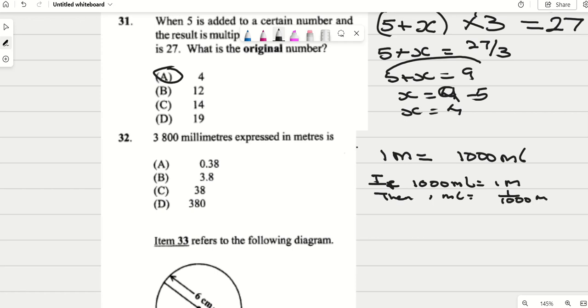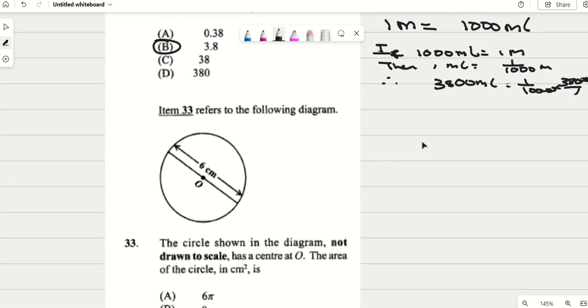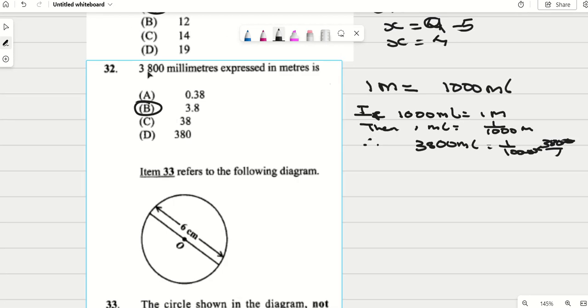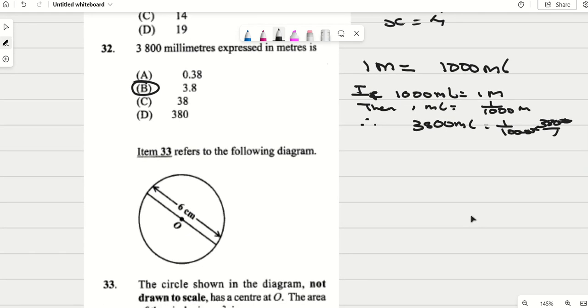Therefore 3800 millimeters would be 1 over 1,000 multiplied by 3800. So you get 38 over 10. 38 over 10 is actually 3.8. So the answer is B. Right, that's how you would do that. Or you could have just divided this by 1,000. Right, that's the next way.